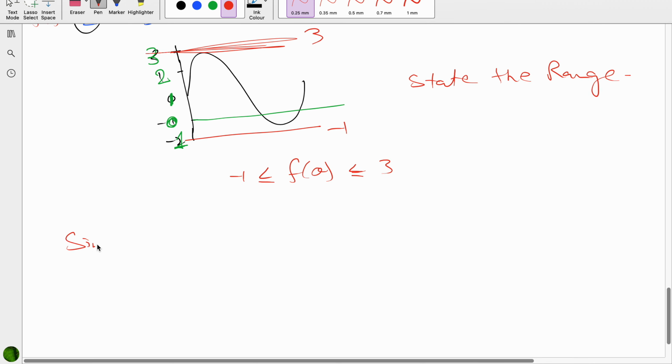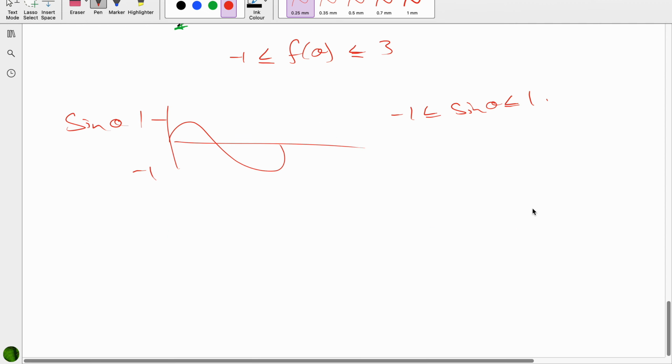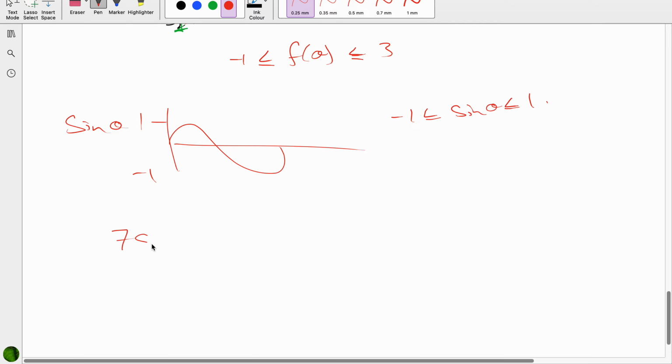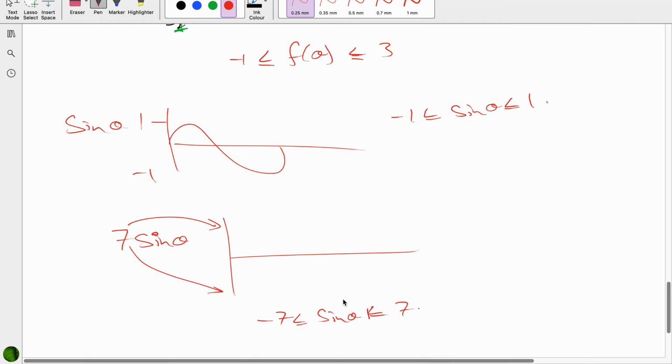For instance, for sine theta, we knew that it was 1 and minus 1. So the range of sine theta is minus 1 less than or equal to sine theta less than or equal to 1. For any graph, for example 7 sine theta, we know that it would be from plus 7 and minus 7. So the range would be minus 7 less than or equal to sine theta less than or equal to positive 7.